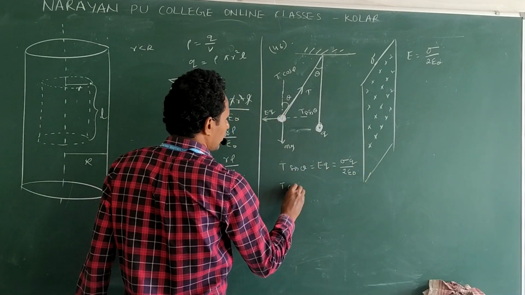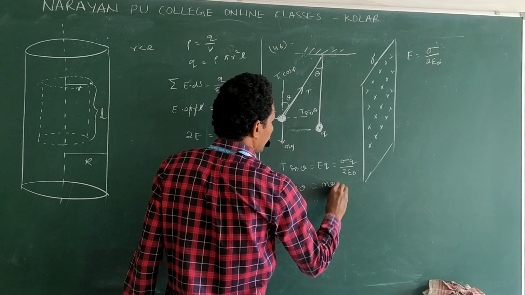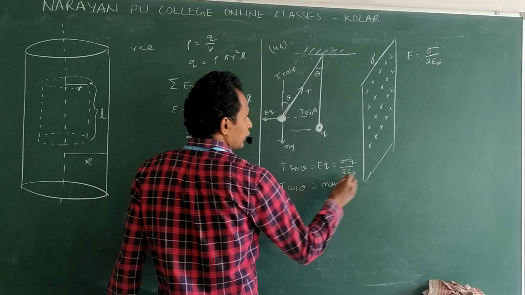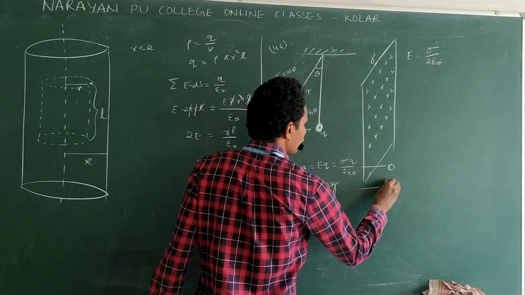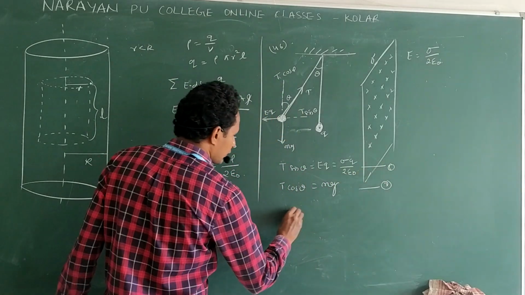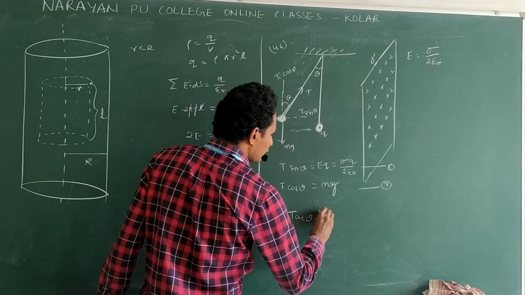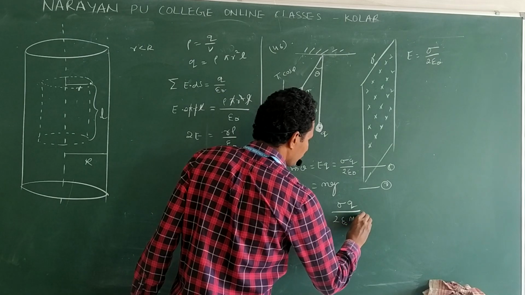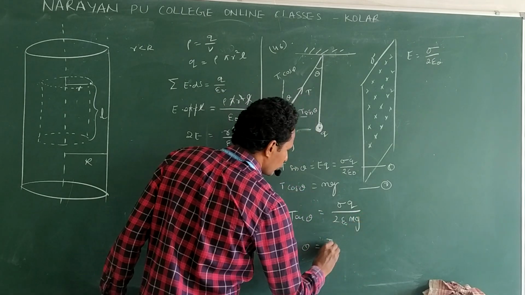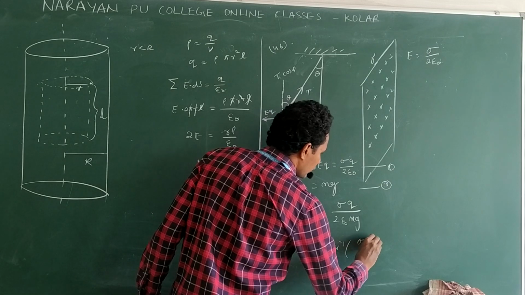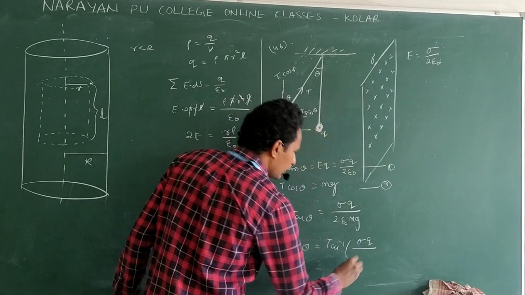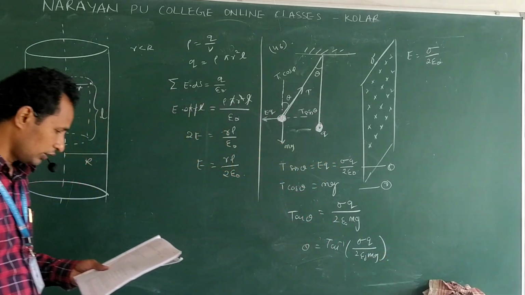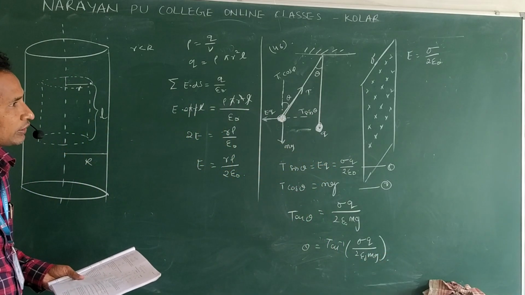Then T cos theta is balanced by mg. Options are given with tan, so how do we get it? Consider this as equation 1 and this as equation 2, divide 1 by 2, then tan theta is equal to Eq by 2 epsilon naught mg. Then theta is equal to tan inverse of sigma q by 2 epsilon naught mg. Then option 4 is correct.